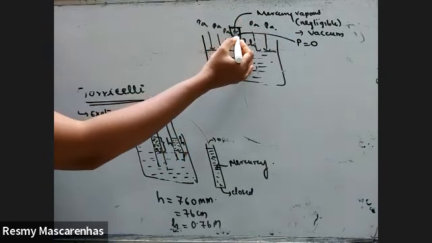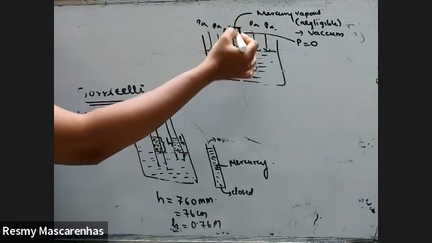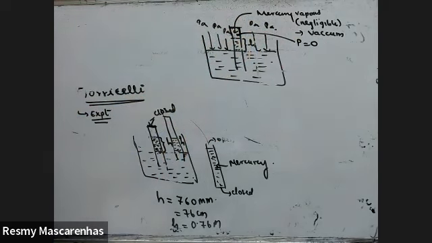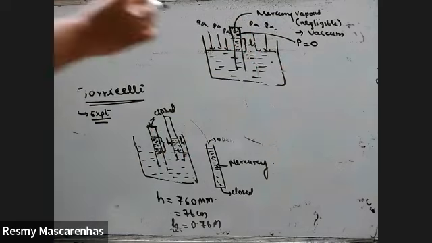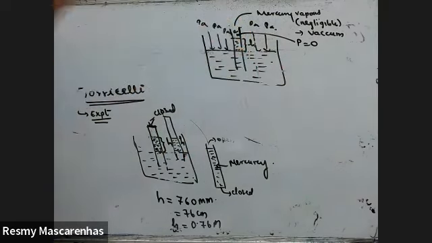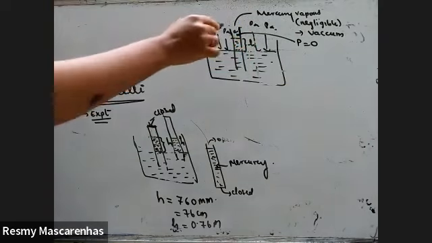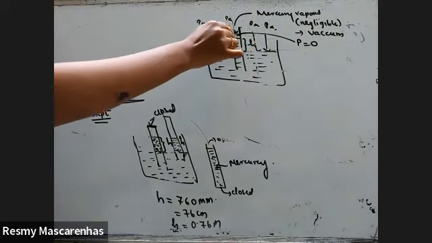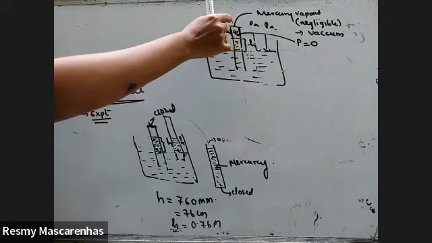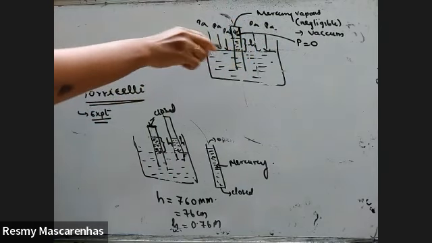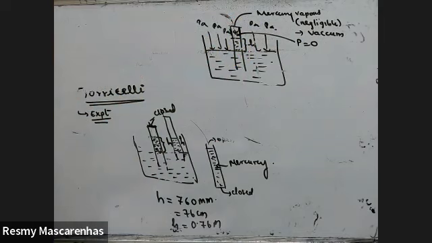If air was filled up here, pressure would have been applied on that column of liquid. But he assumed a vacuum was created, and here there is no pressure. If this tube was open, there would definitely be pressure acting here also. Anything open which comes in contact with the atmosphere will have atmospheric pressure.